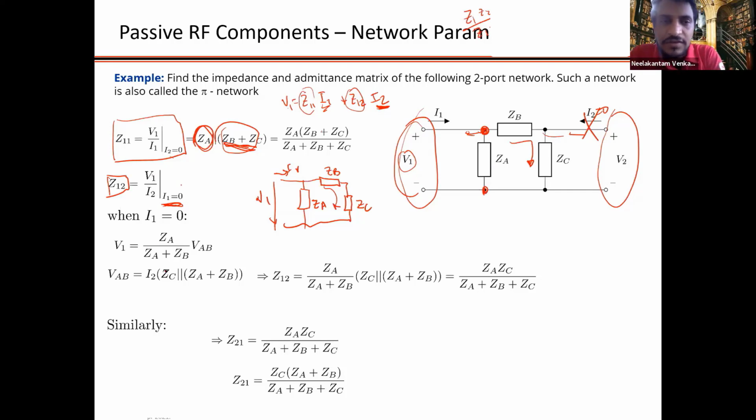So if you were to see, you're having a V1 which is over here. The VAB is going to be ZA over ZA plus ZB.